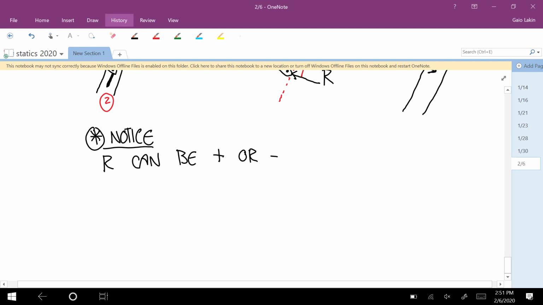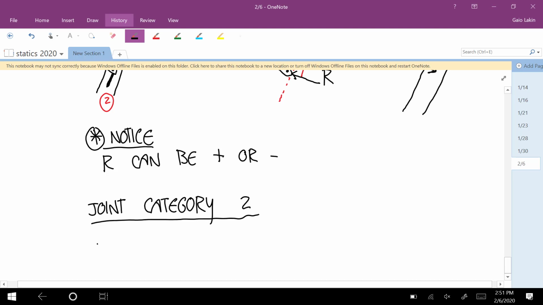Okay, so now we're going on to joint category 2. And there are 2 in this category, and each one applies a force with an unknown direction.